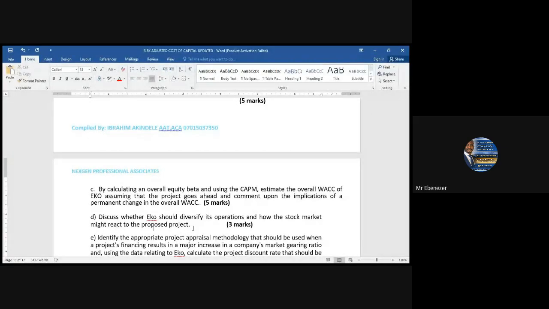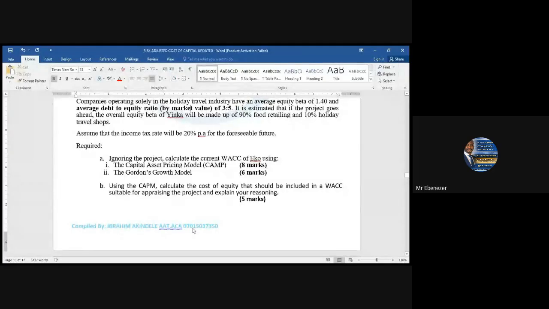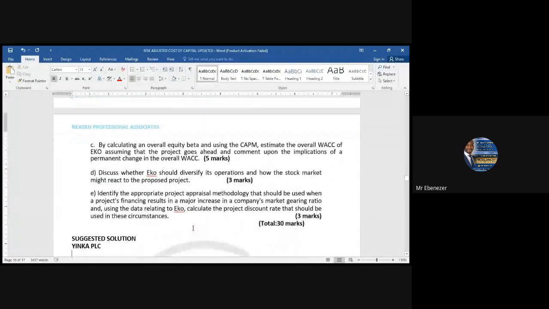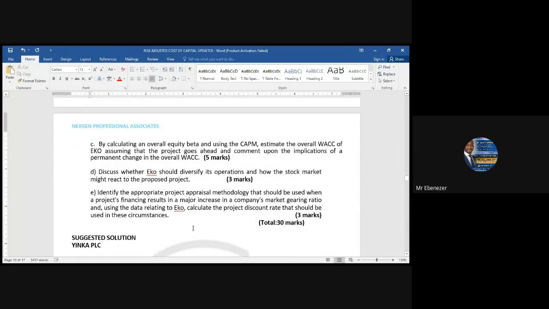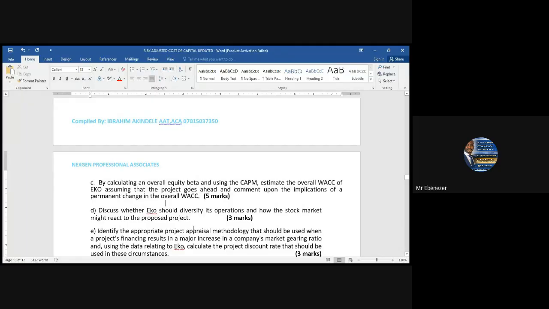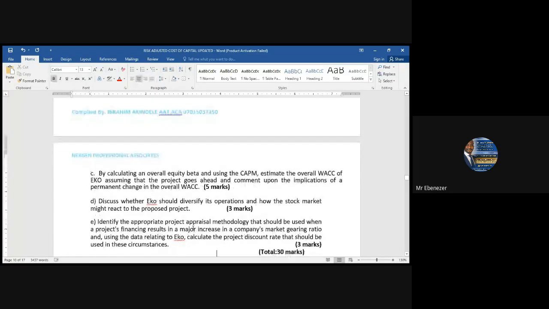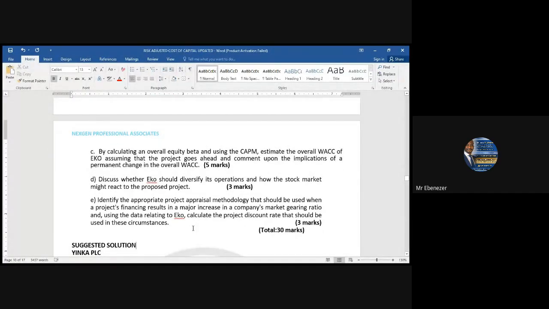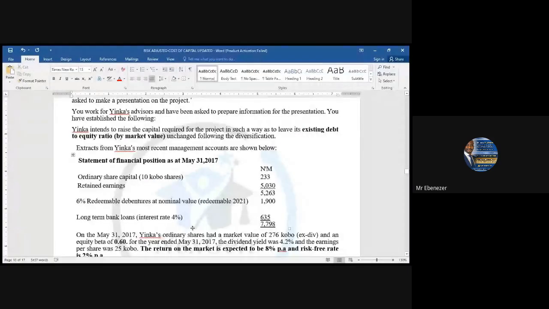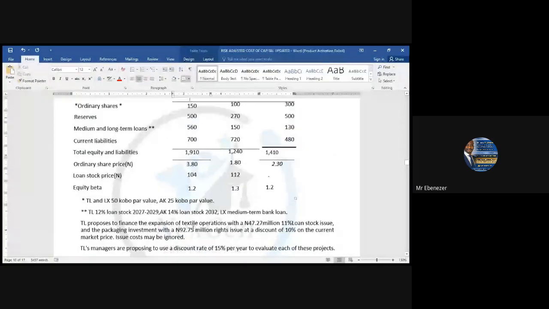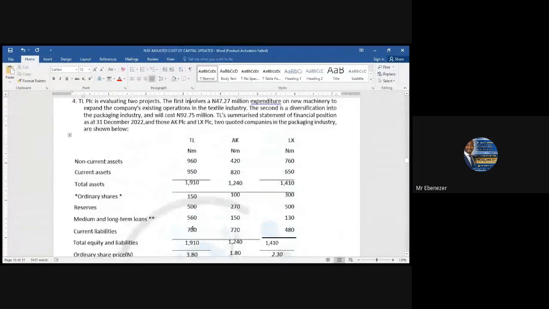So in our next class, we'll continue. In our next class, we'll start from the C part of this question. After we solve the C part of C, D, and E, thereafter we will solve this question on project-specific cost of capital.